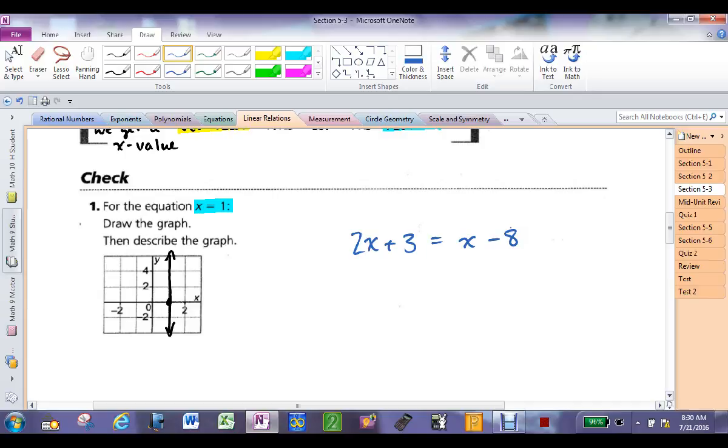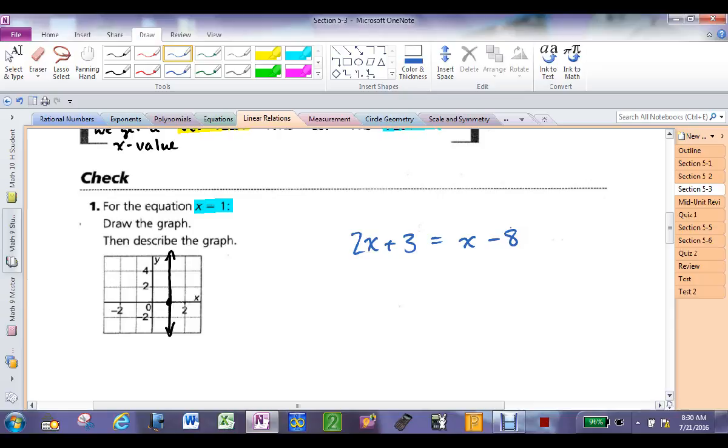Which means it's going to be what kind of line? Vertical. Why? Because there's only an x value. Do you know that x value yet? Of course not. So what do we do? You got to isolate x because x isn't isolated. So we got to go back to unit 4, don't we?